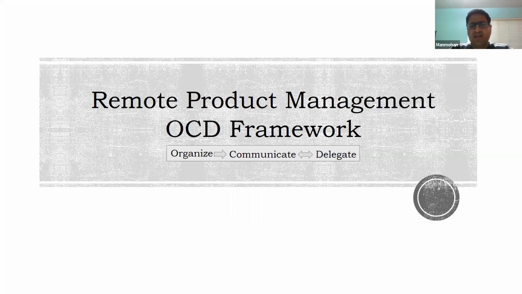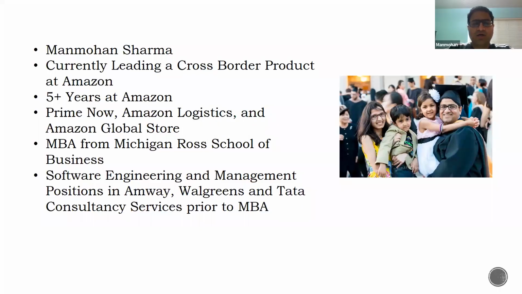So let me give you a brief background about me before getting into the topic. My name is Manmohan Sharma, and I'm currently leading a cross-border product at Amazon. I've been working with Amazon since 2015 after completing my MBA from Michigan Ross School of Business, and have been working across many innovative orgs in Amazon, when they were in their infancy, such as Prime Now, Amazon Logistics, and more recently Amazon Global Store, where I'm leading the development of new product that will improve the customer experience of our international customers.